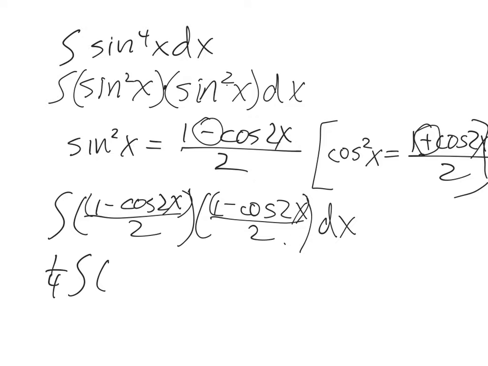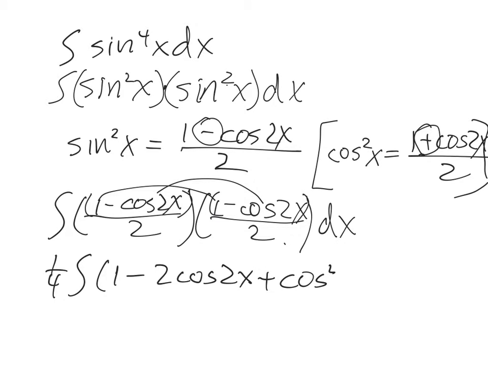Let's see, we'd have 1 minus 2 cosine 2x, and then plus cosine squared 2x. Okay. And from here, hopefully you can do this one.